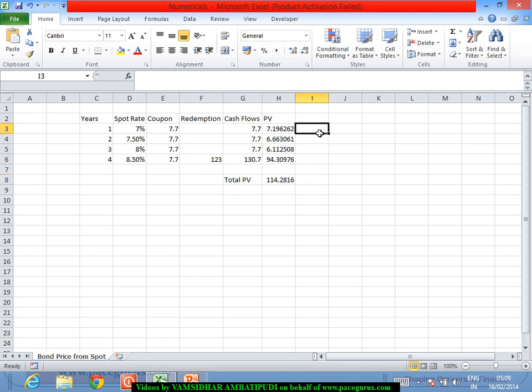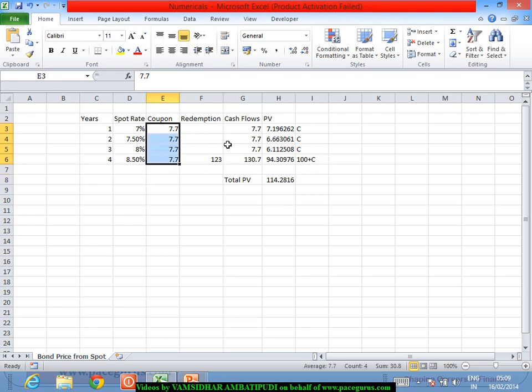So probably it's like saying, if I take some C here in each of the periods, and on maturity I take 100 plus C. This C is the same in each of these years. When I discount them with these spot rates, it should be equivalent to this particular price. That is what we call the par yield.